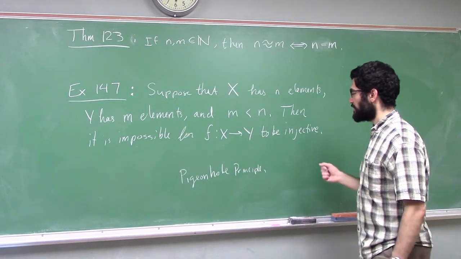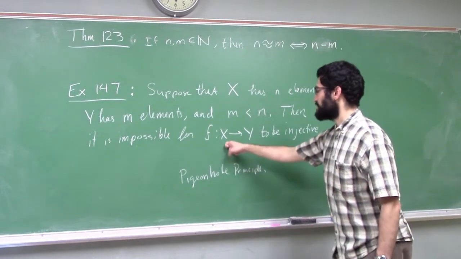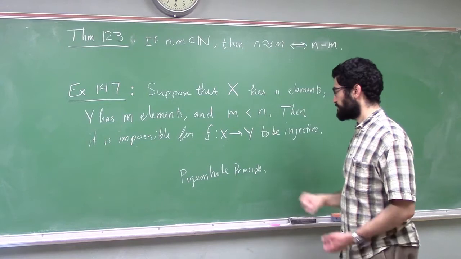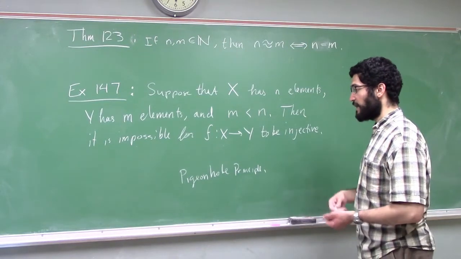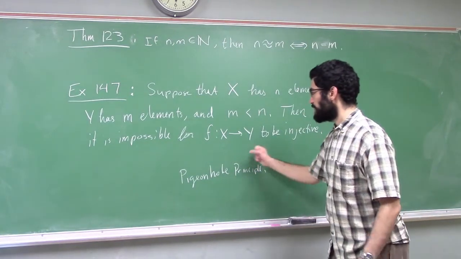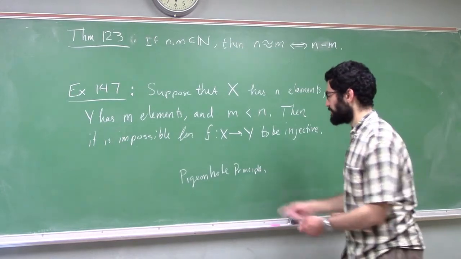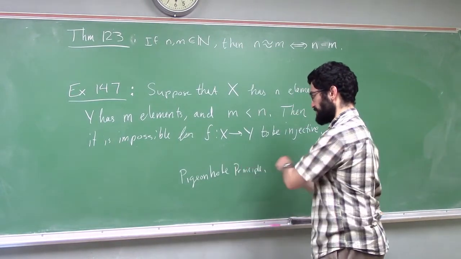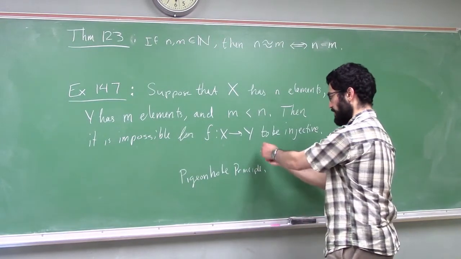A good way to think about it is x has too many elements for it to be possible to inject x into y. So if you had a function from x to y, then it must not be injective, meaning there must be two elements of the domain, two elements of x, that the function maps to the same place, to the same element of y.